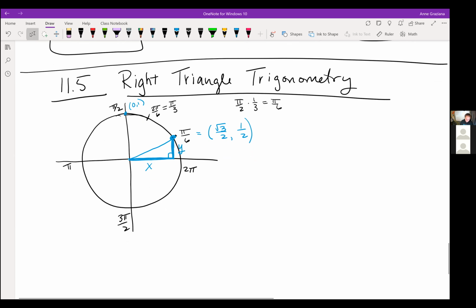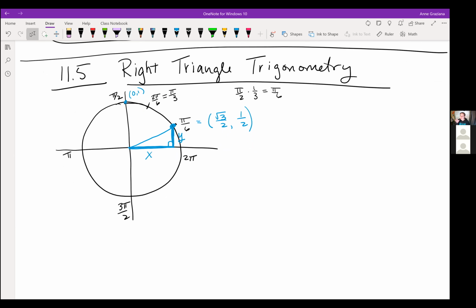So the right triangle is related to the unit circle. You can put these right triangles on the unit circle, but I'm just going to peel it off. We're going to dump the unit circle for a while and just look at these right triangles.